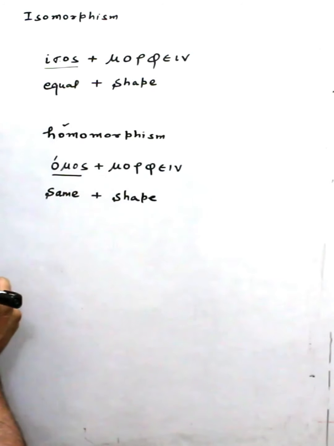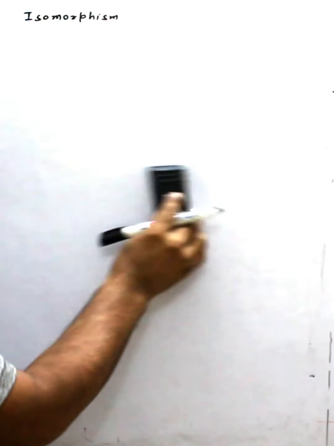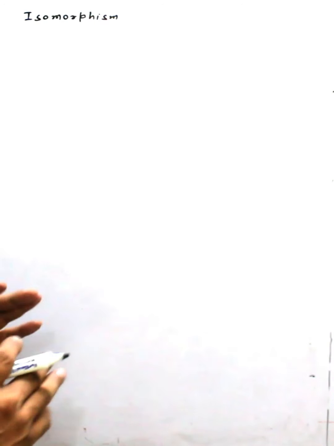So in mathematics, how do we use the word isomorphism? Because in mathematics we deal with sets or elements or quantities. Mathematics actually represents, it is an expression about quantity.